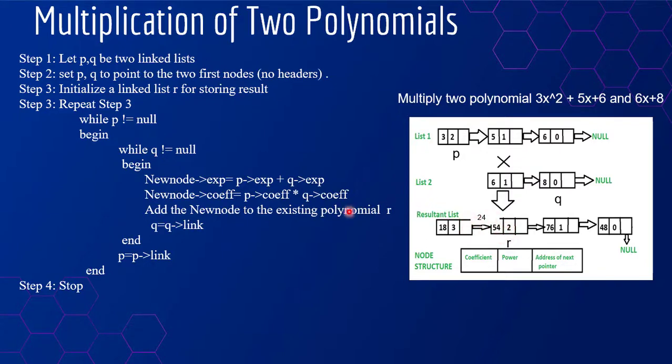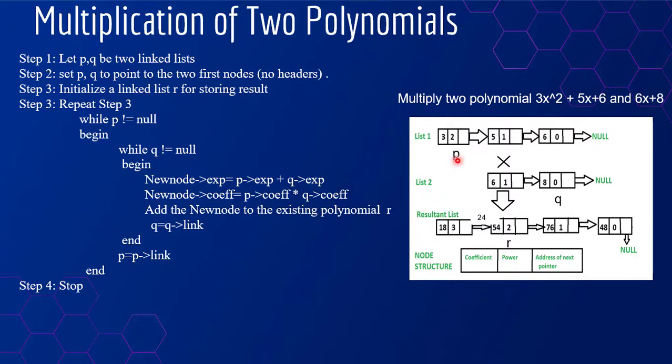Now Q is equal to Q2 link, which is null. So if Q becomes null, what happens? This while loop exits, because this while loop continues until Q is null. So now P becomes P2 link.